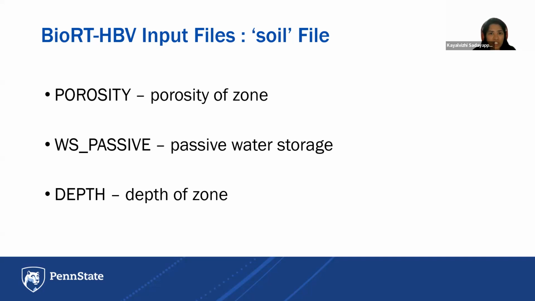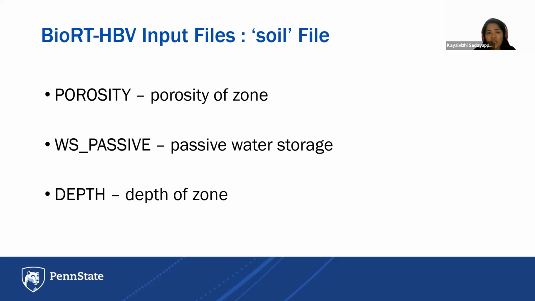Before talking about passive water storage, I want to talk about water storage in subsurface. If you look at the water stored in the subsurface, there are two types of water, dynamic water and passive water. Dynamic water is a water storage that is involved in stream flow generation and is the one simulated by hydrological models like HBV Light.